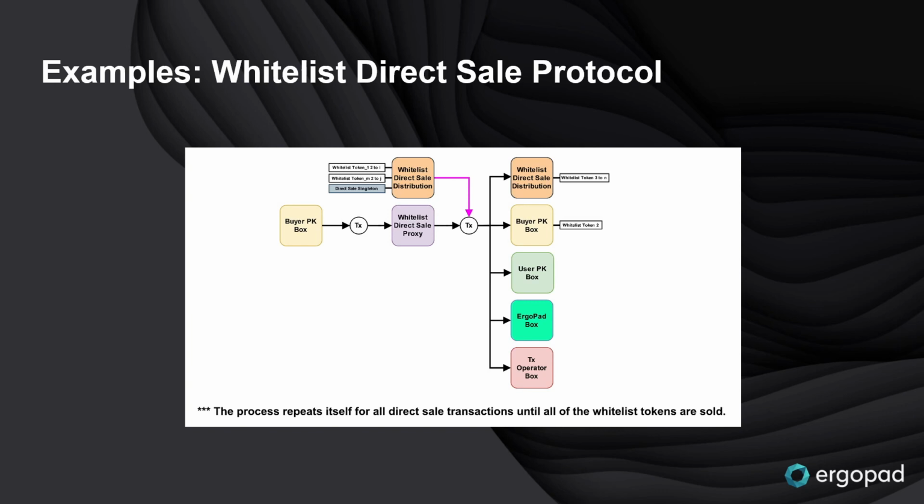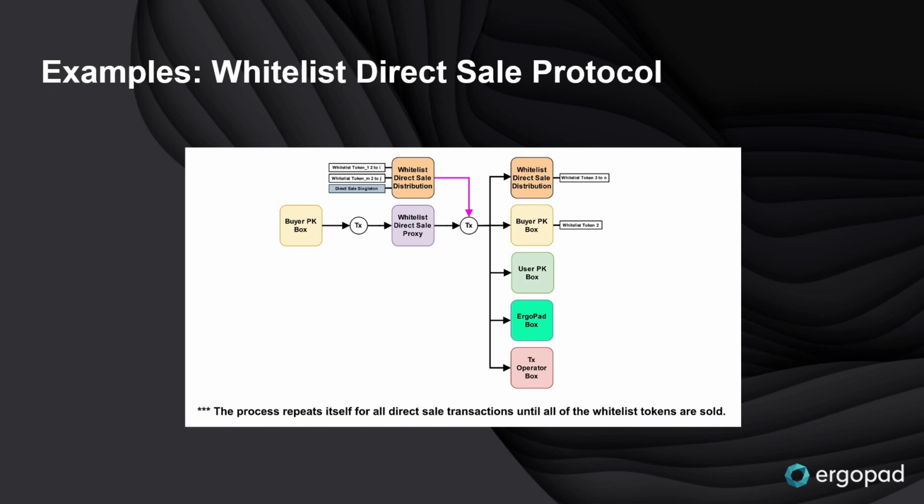We ensure that the user of this minting protocol, who wanted to use this protocol to create whitelist tokens, gets a part of the fee. ErgoPad gets a part of the fee, and again, the transaction operator also gets a part of the fee. And this process would repeat itself, where the whitelist direct sale distribution gets changed again.